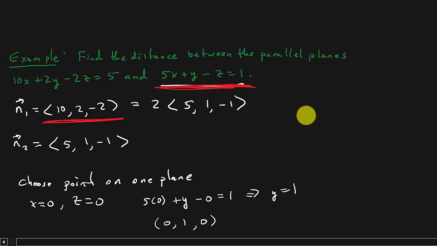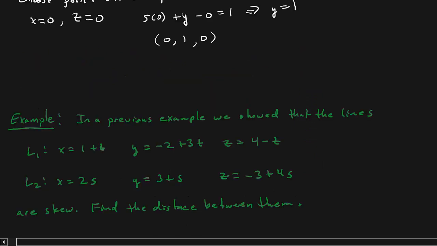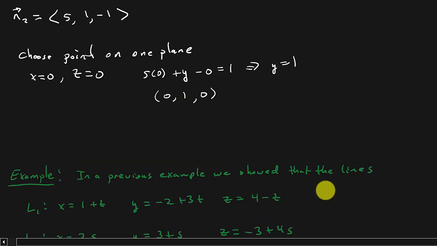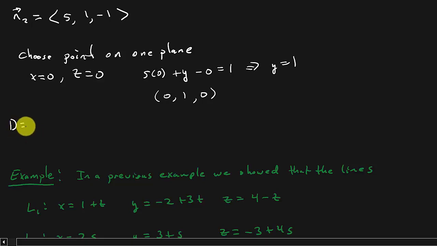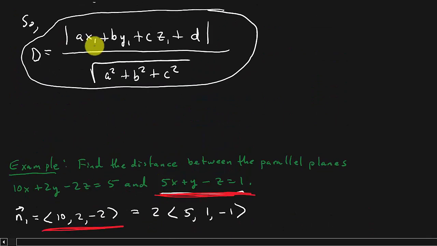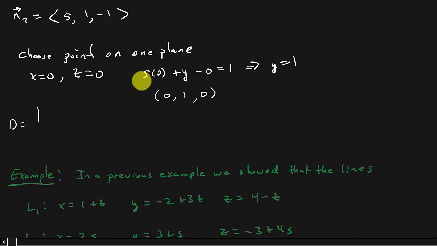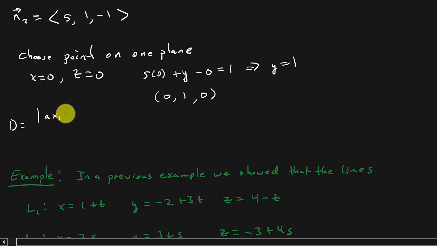All right. And so I'm running out of room again. So I get D is equal to, so that's going to be what? Remember our formula up here. That's right here. That's Ax1 plus By1 plus Cz1 plus D over the square root of A squared plus B squared plus C squared.